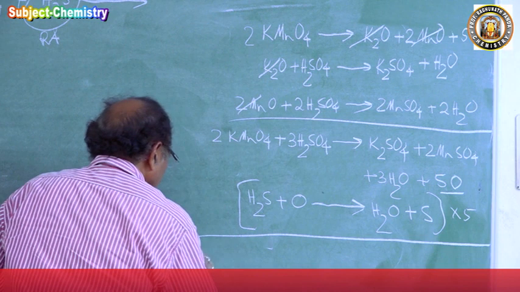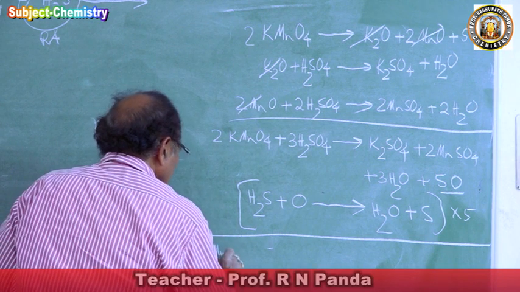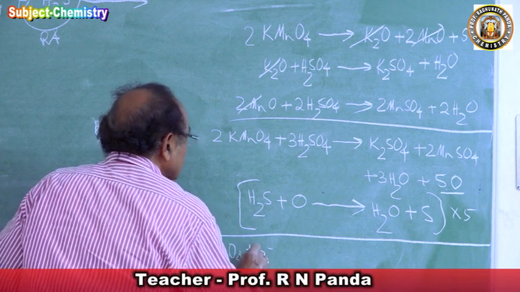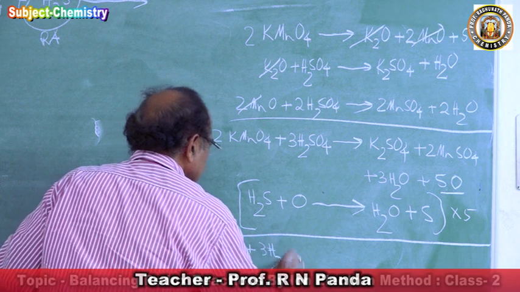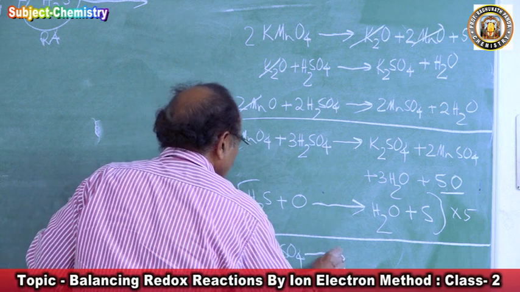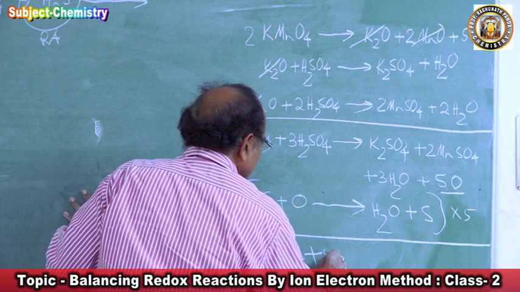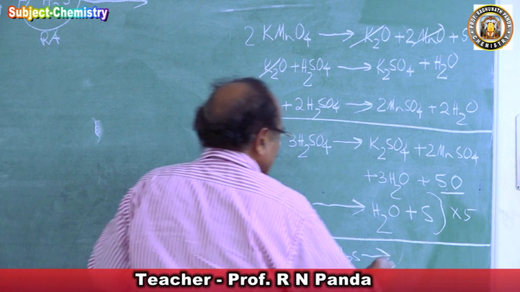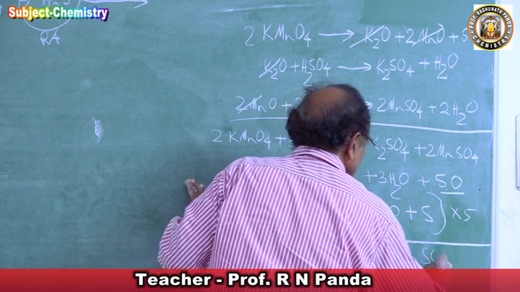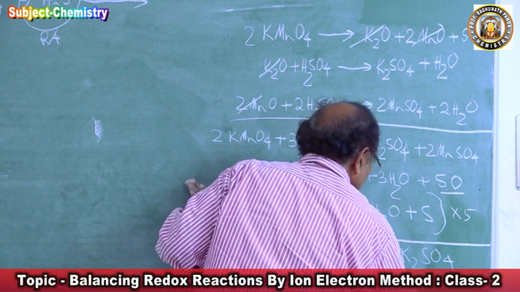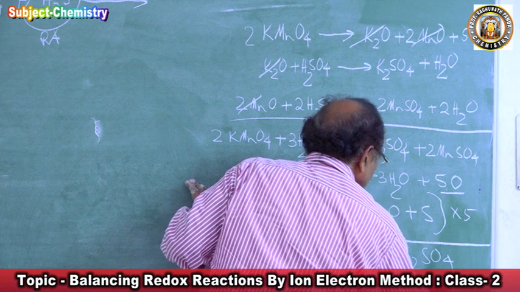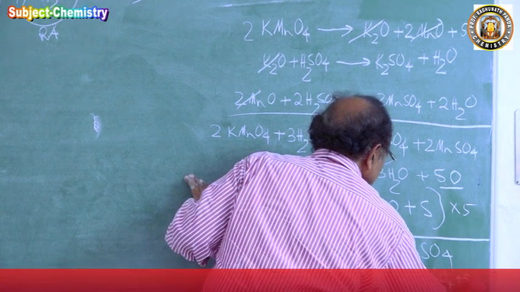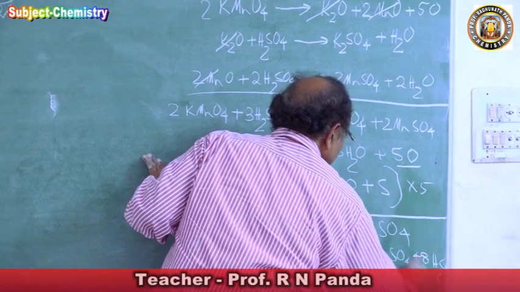So we get 2KMnO4 plus 3 sulfuric acid plus 5H2S forming K2SO4, 2MnSO4, 8 water, 5S. We got the equation.